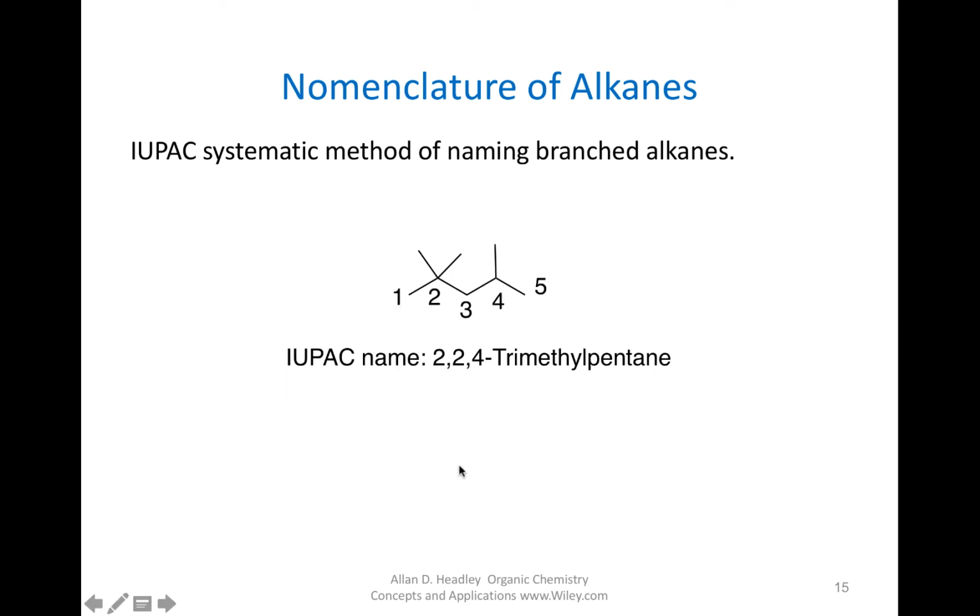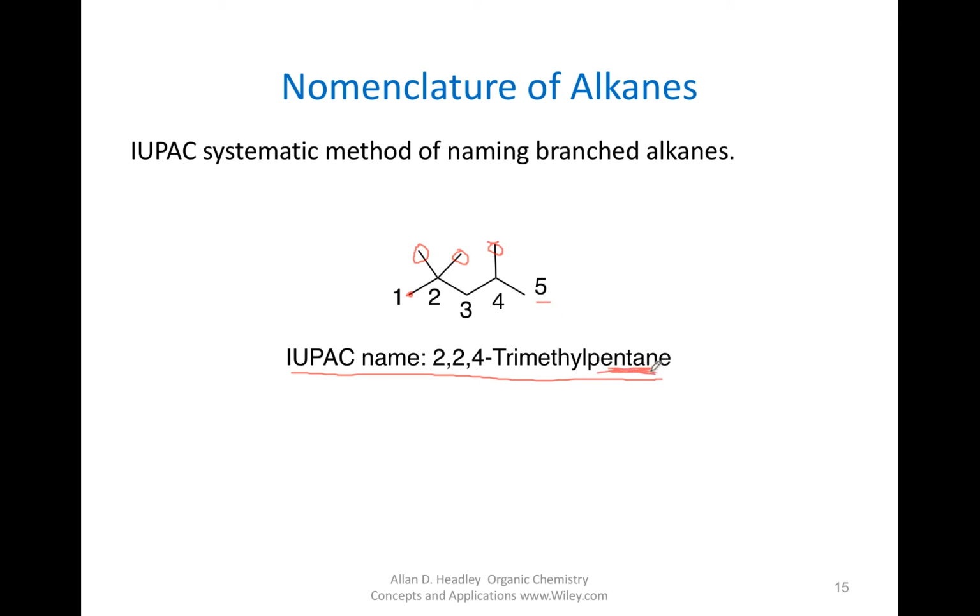So let's pretend here that you did not see this name down here and you're asked to name this. Start at the end closest to the branch, so more than likely here, because here are the branches. So it will be 1, 2, 3, 4, 5. Since it's 5, it's a pentane.